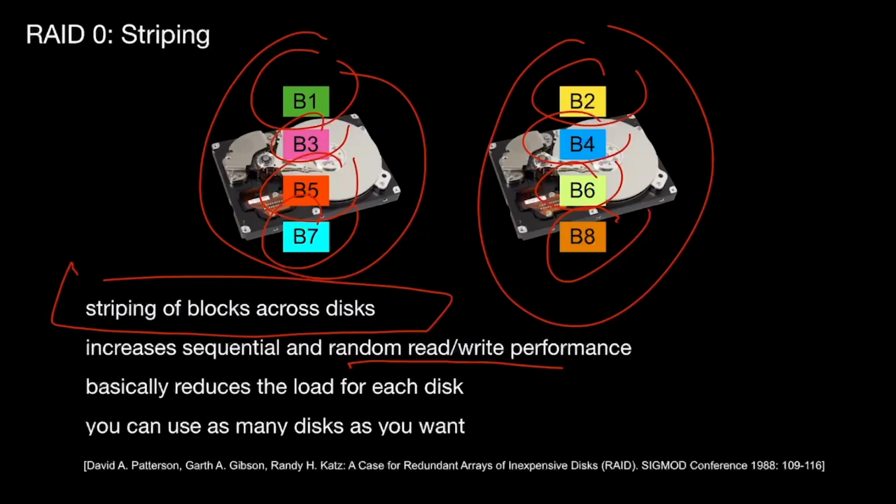So this reduces the load of each disk, and you can use as many disks as you want. Here's a reference to the paper that appeared a long time ago already, in 1988. But it has become the industry standard for providing redundancy in data storage. And you see it all over the place, in all kinds of computer systems.